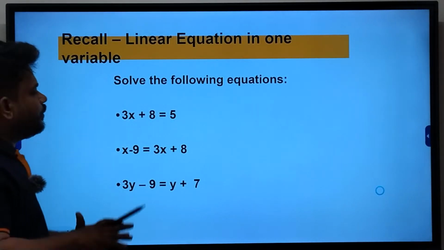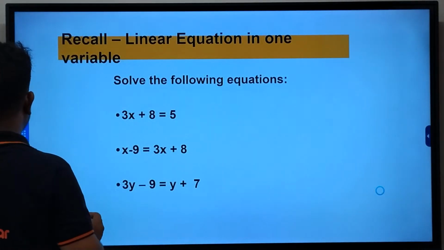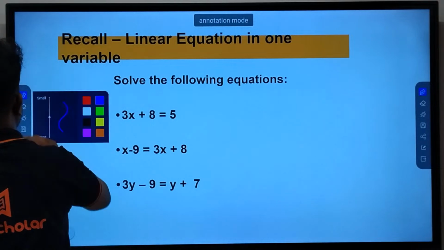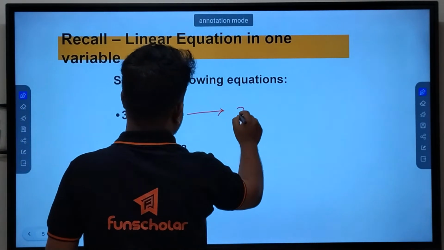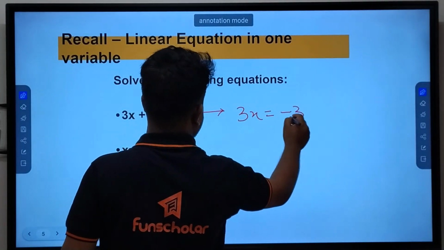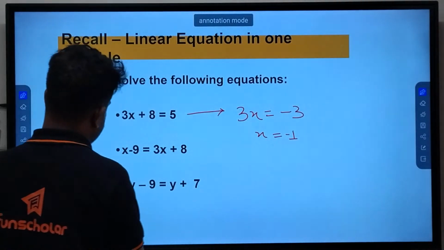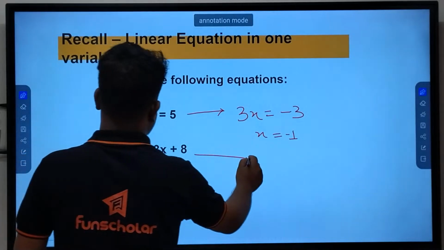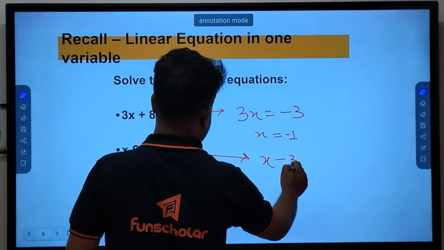Okay, now you can do it with me: how can we solve all these questions to find the value of x? Like from this one, 3x equals minus 3, so x equals minus 1, right? From the next one, it will be x minus 3x.